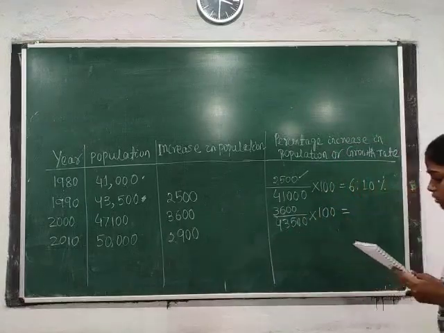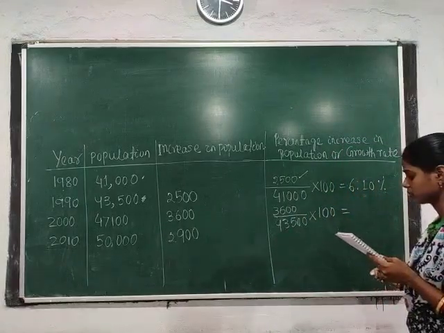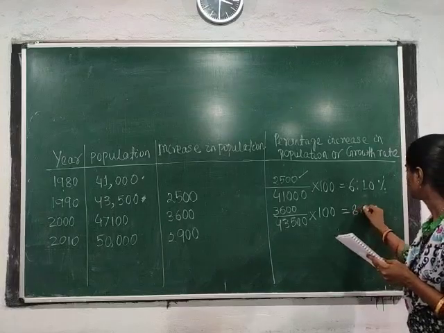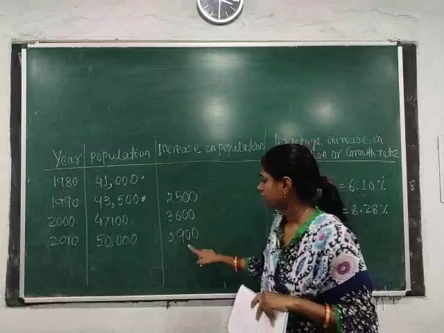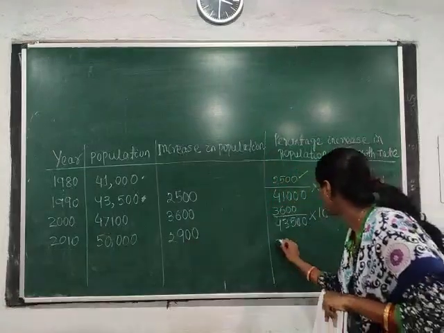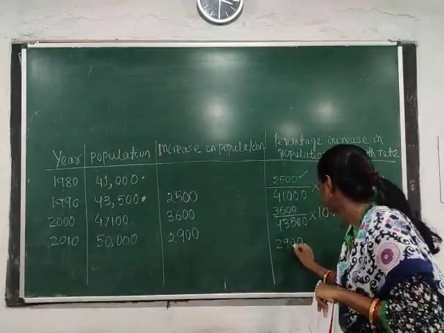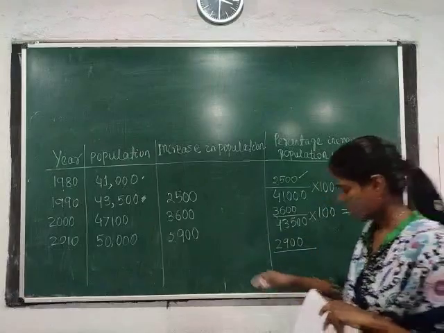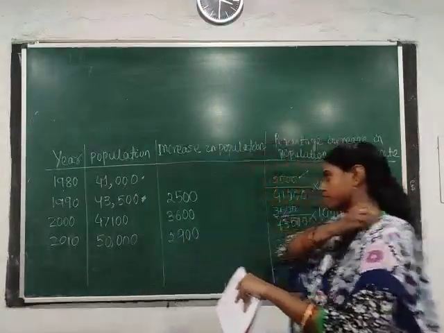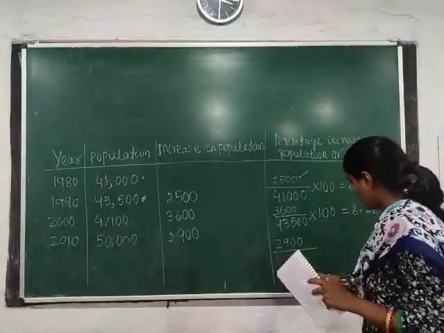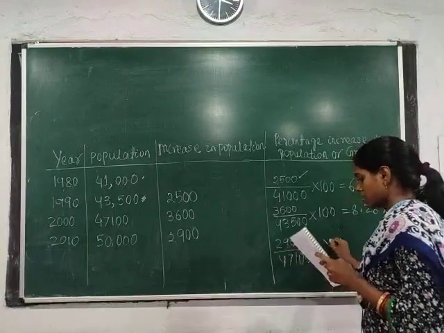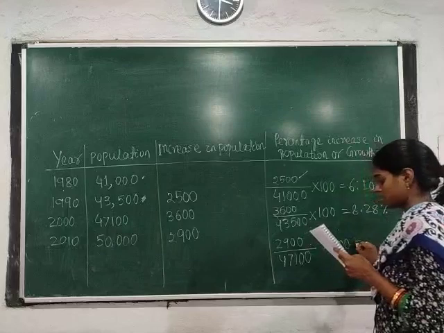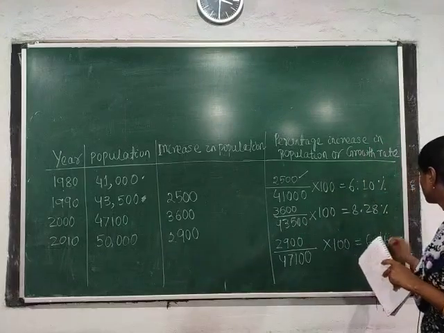And this will come out as 8.28%. Similarly, for the last decade, the increase in population is 2,900 and the original one is 47,100 and this will come out as 6.16%.